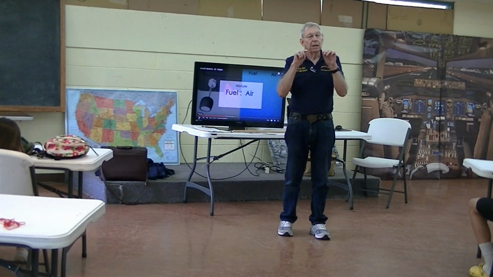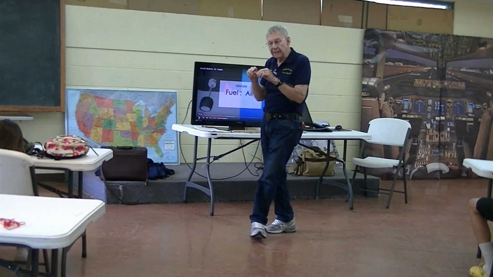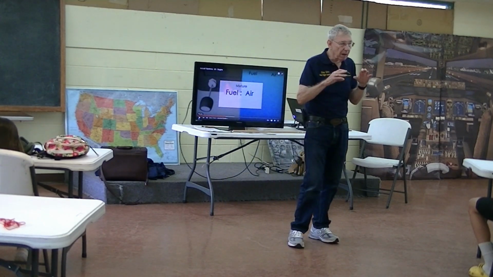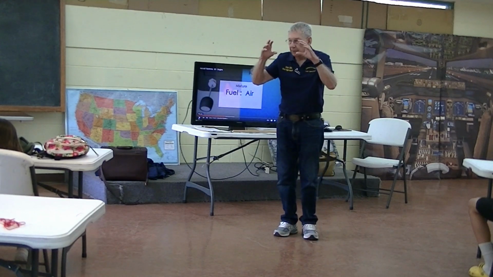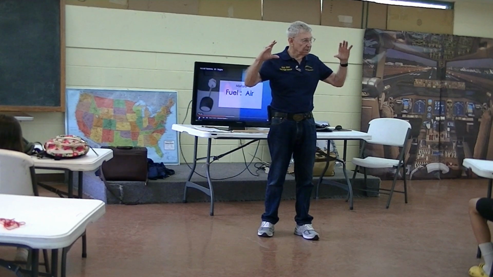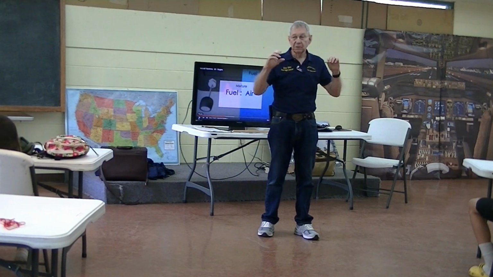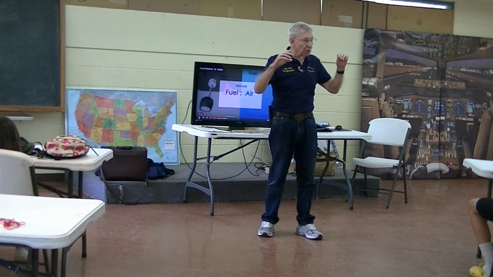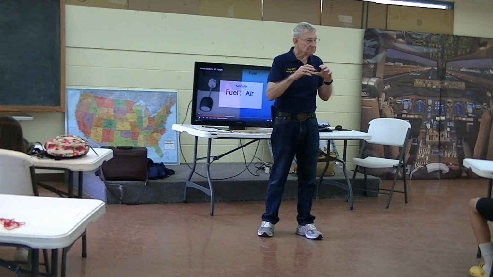So, if you cannot regulate the amount of air or the amount of oxygen that you're pulling in to get the proper mixture, when you go higher, you're getting this much oxygen, but the fuel doesn't change.